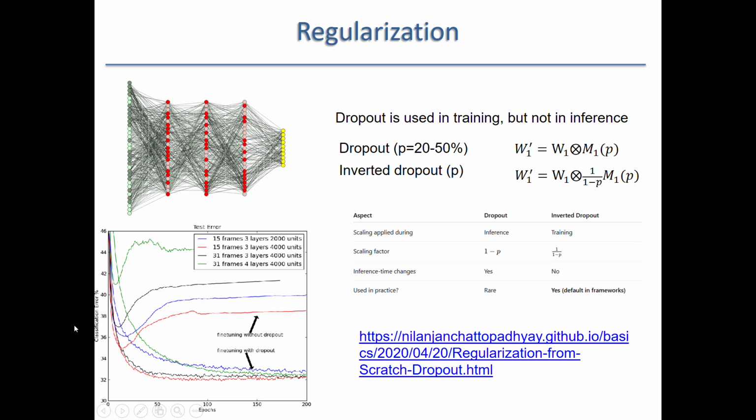So here we have the learning rates and the accuracy of some networks with different number of units and different number of layers and so on, using dropout or not. When you don't use dropout, the network has a hard time to learn, so the classification error is much bigger.